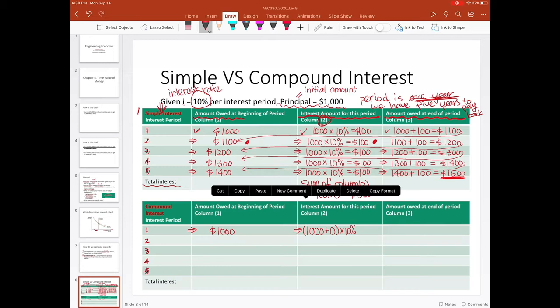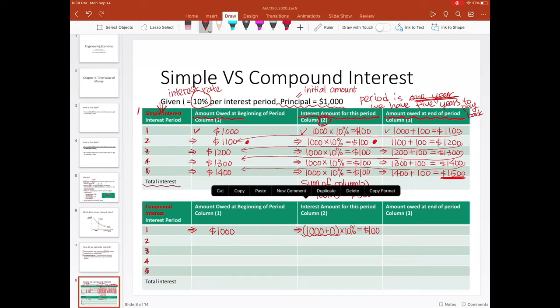That's what the definition of compound interest tells you. So this, we call it the base of the interest, or the principal plus the previous interest. So this number will be 1,000 times 10%, which is 100.